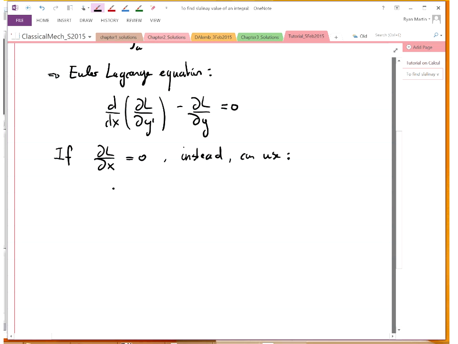And the more simple form is that y prime times partial L by partial y prime minus L equals k, where k is a constant. And this is a more simple equation.